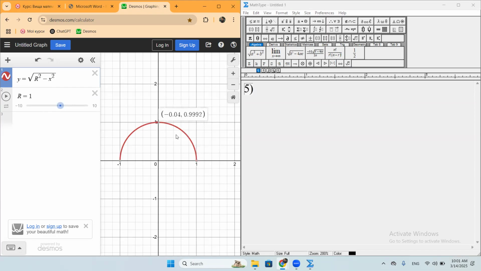What will be interesting for us is only this quarter, and it will be multiplied by 4. The explicit expression is the following.